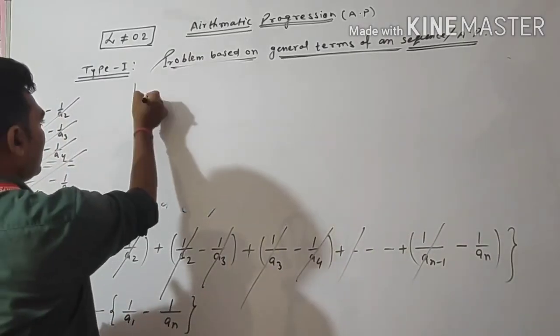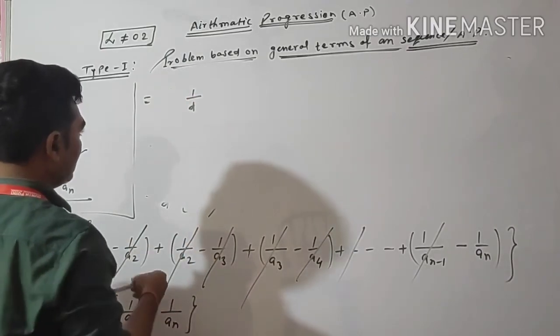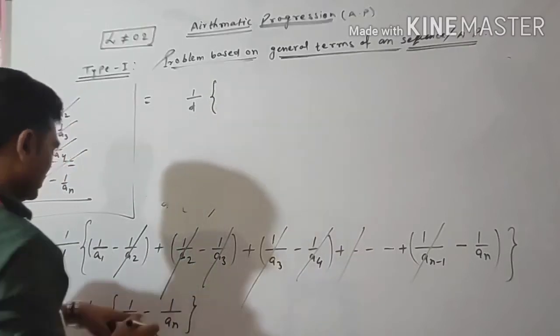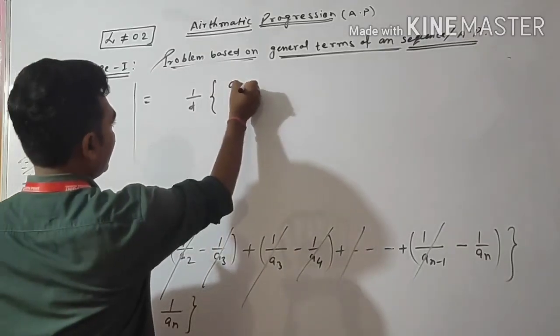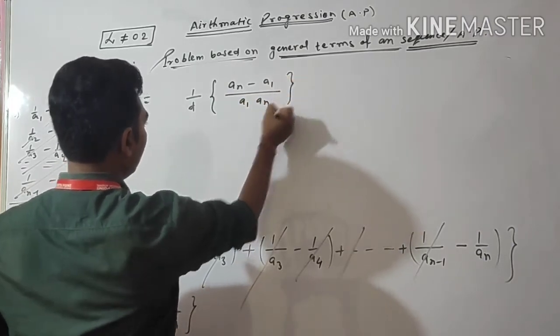Now 1 by D into An minus A1 by A1 into An, clear?